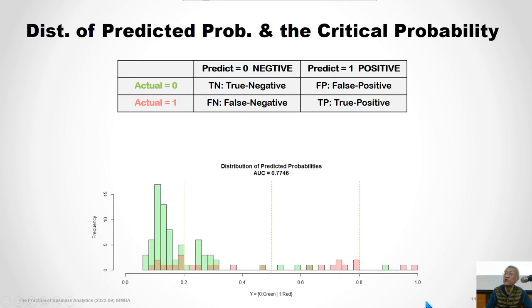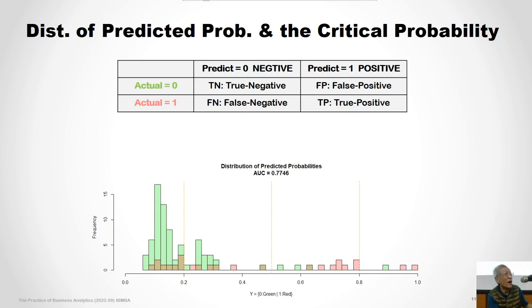When you set the threshold at 0.5, now this is the prediction. The color means that because you have training data or testing data, you already know that actual y equals 0 or y equals 1.